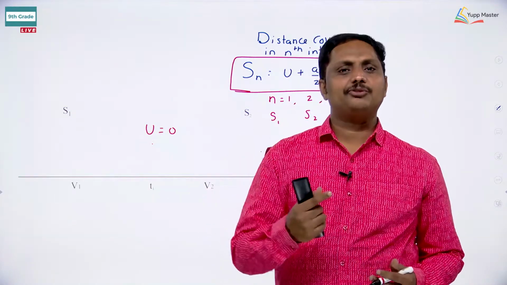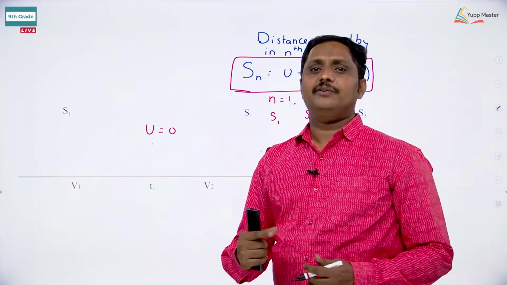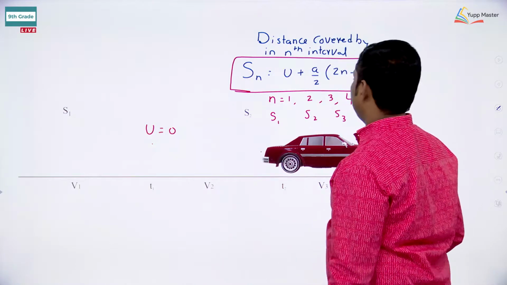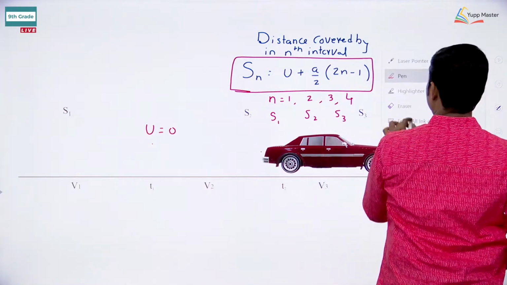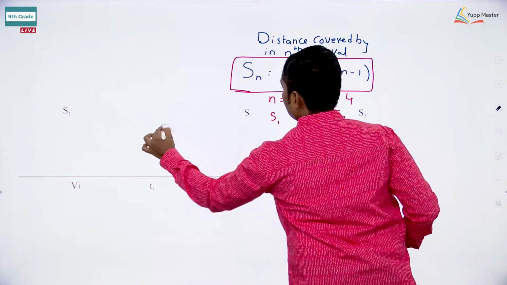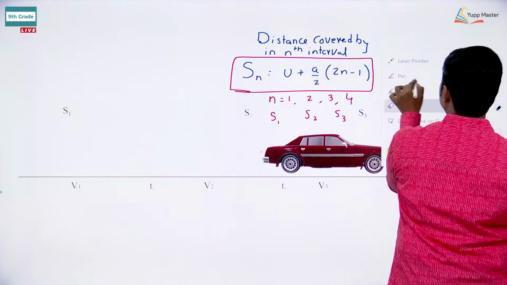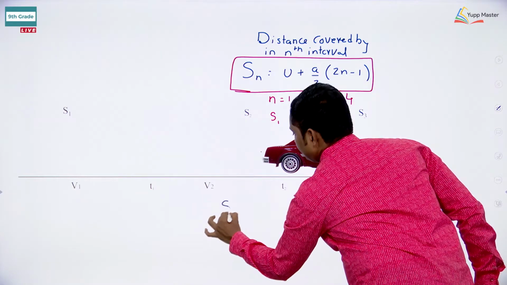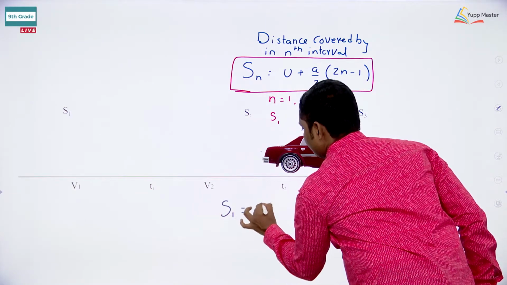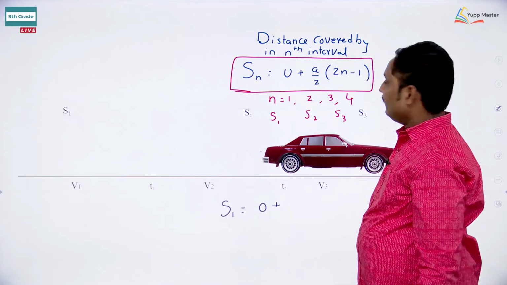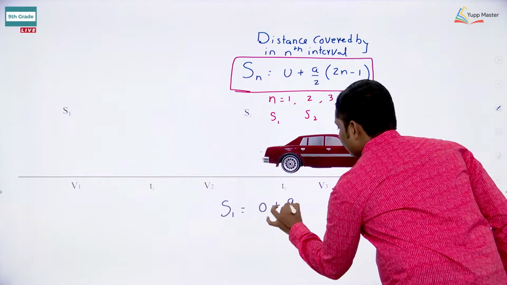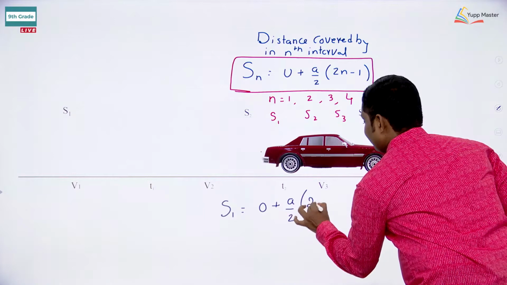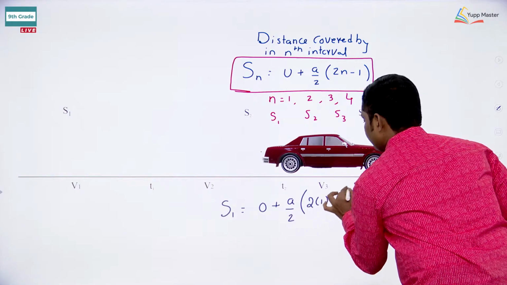Sometimes they frequently ask for the ratio of the distance covered by the body in the fifth and seventh seconds, or whatever it may be, just you will find that out. Here let us assume you can take that S1 is equal to 0 plus a by 2 into (2 into 1 minus 1).